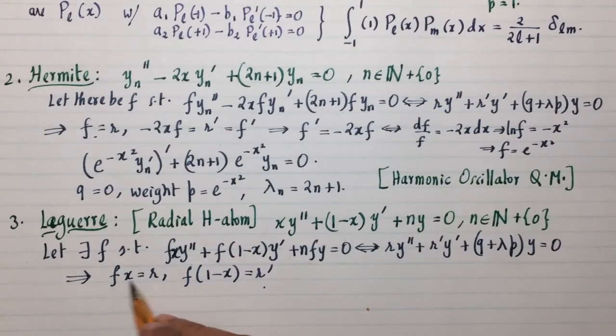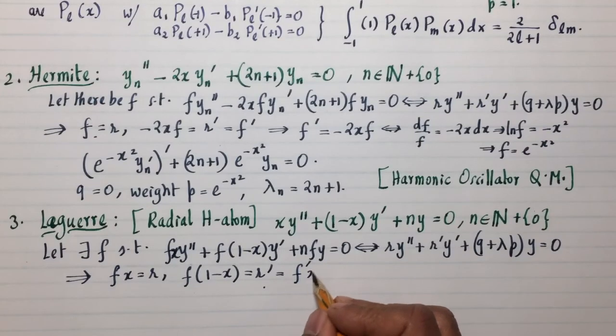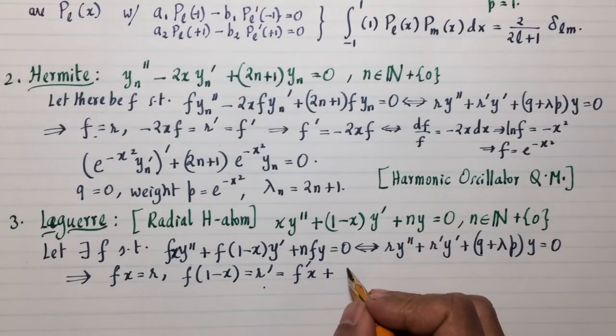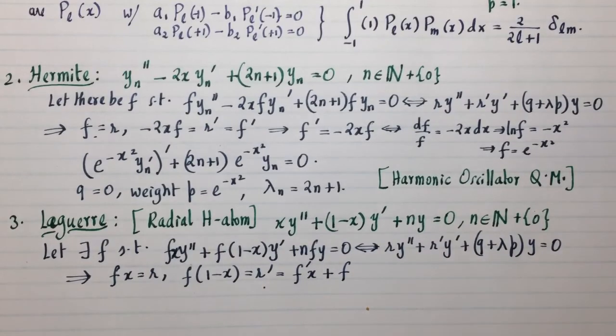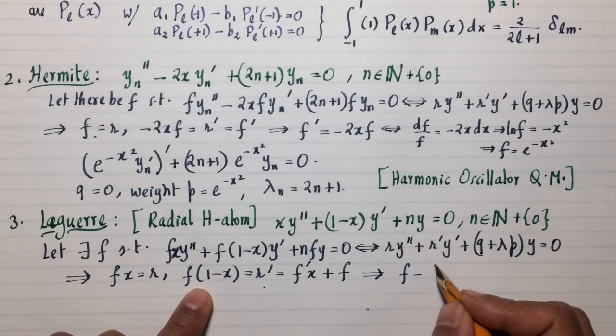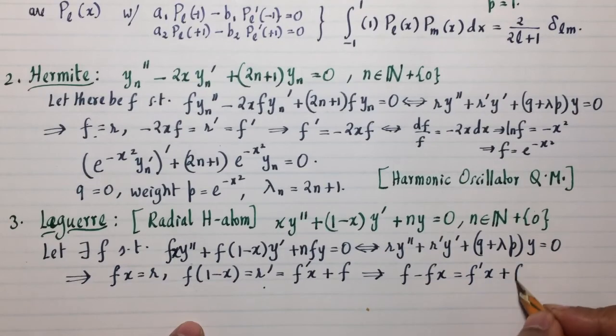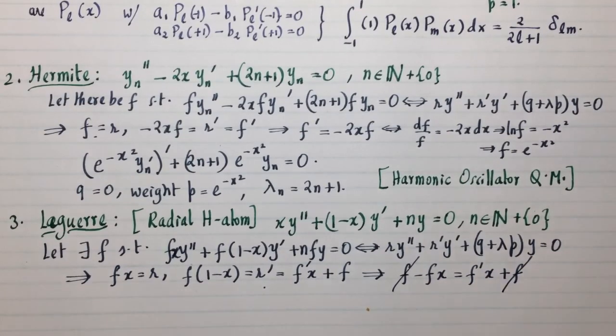But if r is equal to f times x, then r prime is equal to f prime x plus f. So now we have another differential equation that we have to solve. So the left side is going to give me f minus fx, and the right hand side is going to give me f prime x plus f. Observe the f cancels out, and now I have a nice separable differential equation as always.